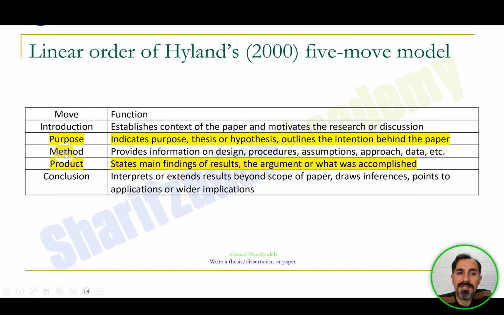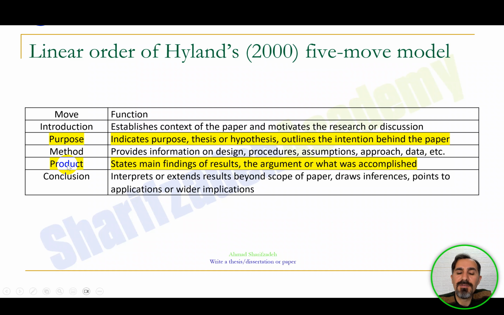In the middle section, the methodology, you have to provide information with regard to procedures, data collection and data analysis, and specifications of the instruments you've used throughout the research and the approaches you've taken.